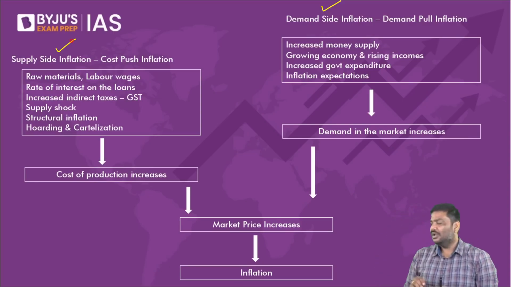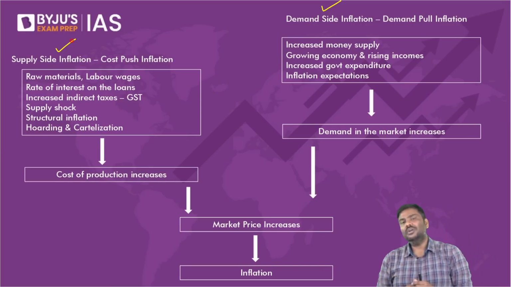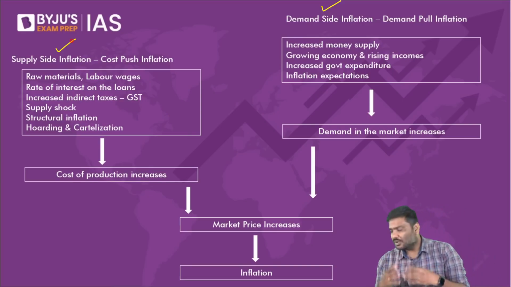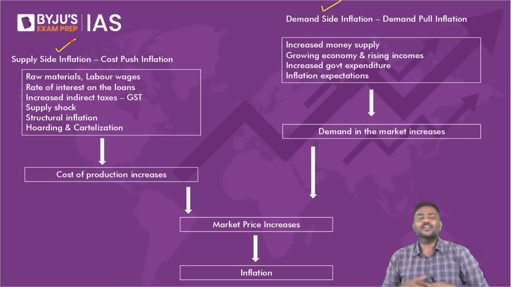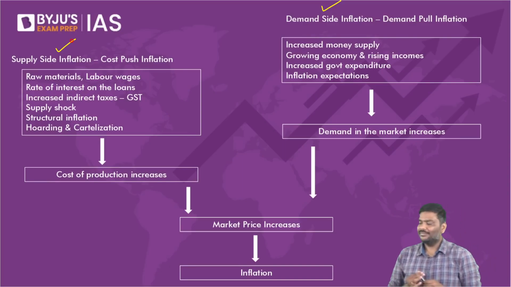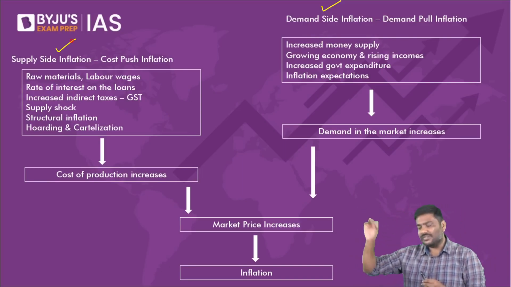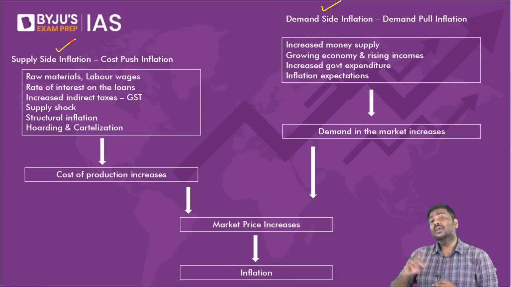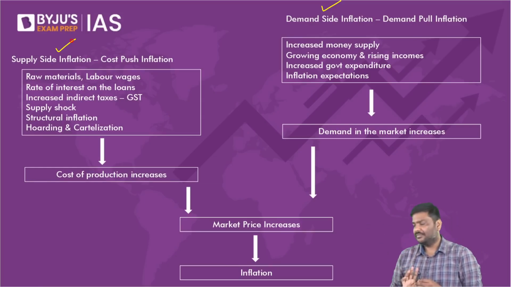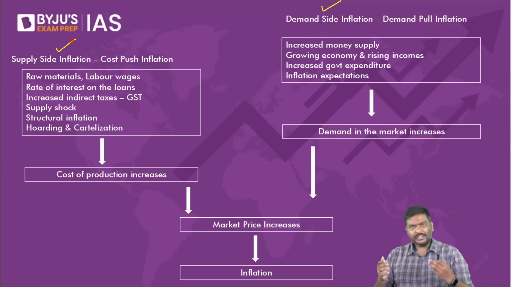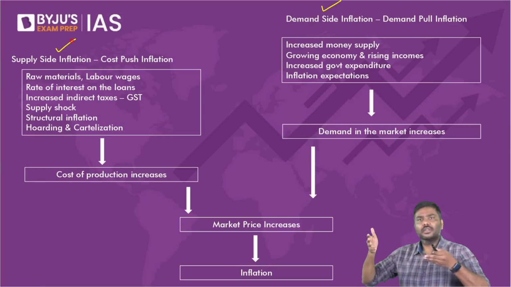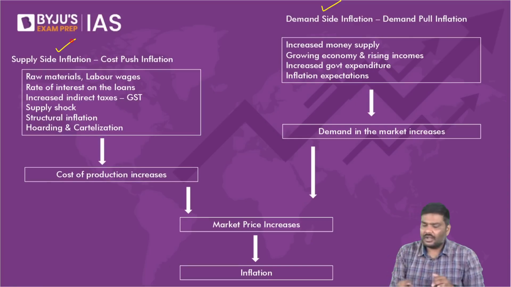Point number 2: if all of us get this amount, will the demand for goods and services increase in the economy? Can it lead to inflation? Think of it. Is there a possibility? Of course, yes.